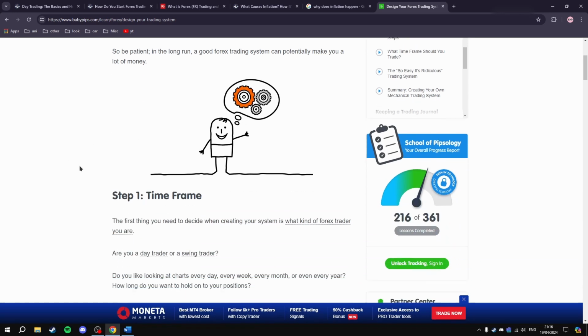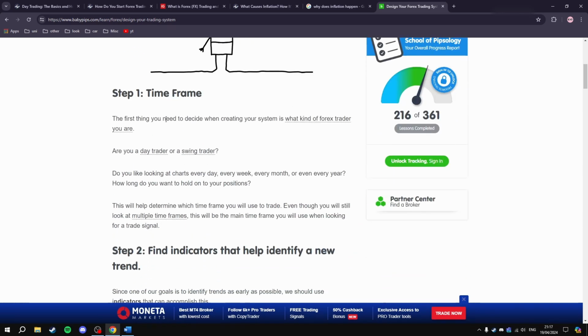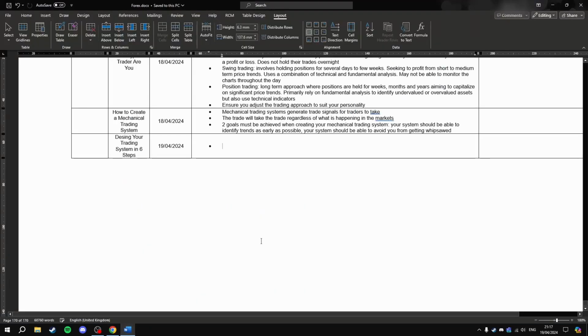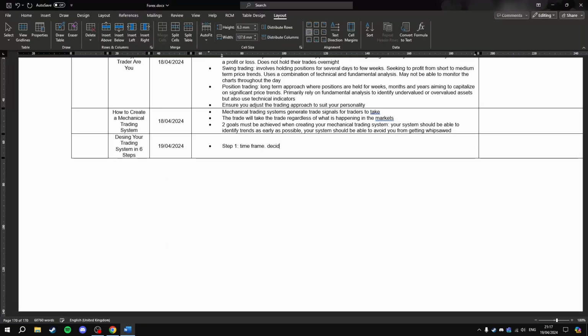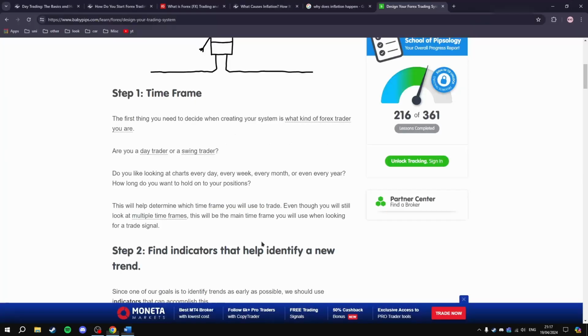Very good. Step 1, time frame. The first thing you need to decide when creating your system is what kind of Forex trader you are.